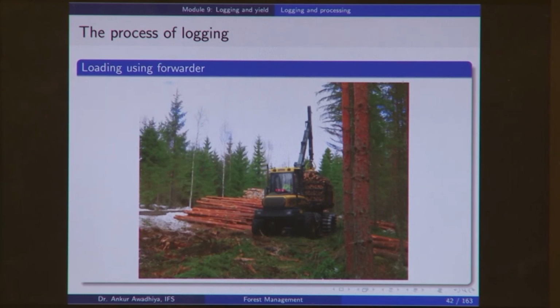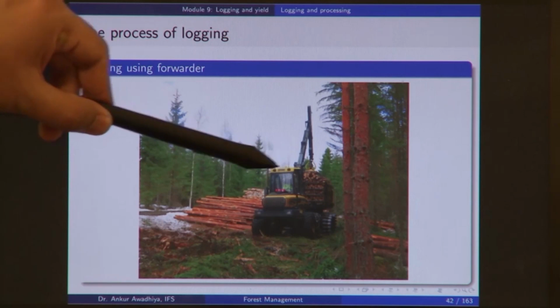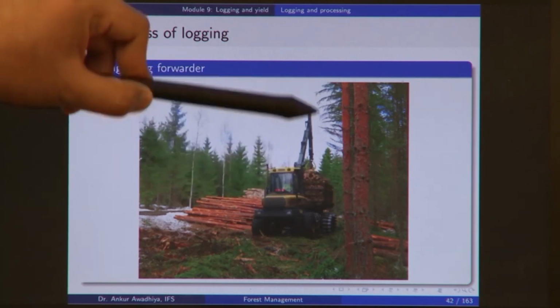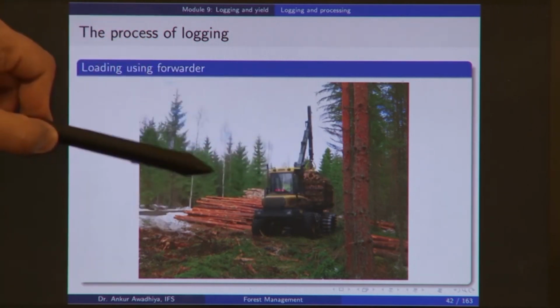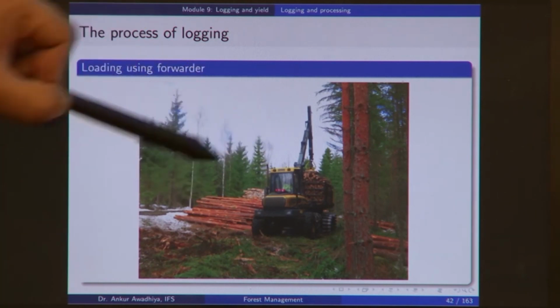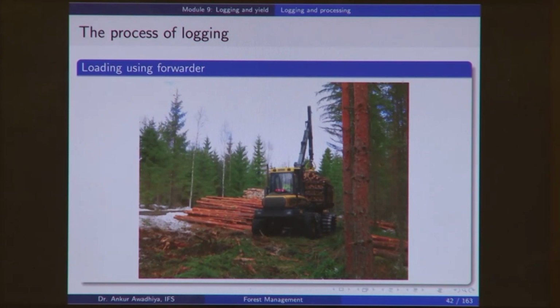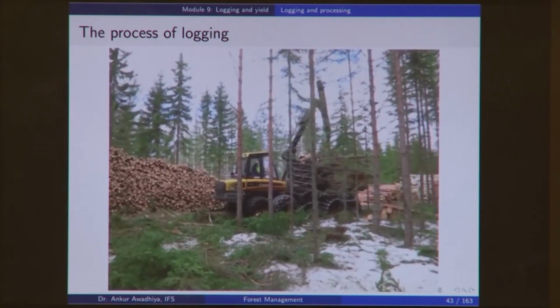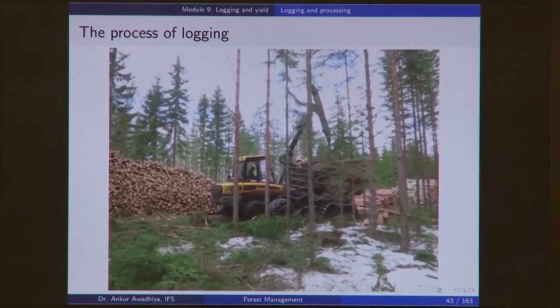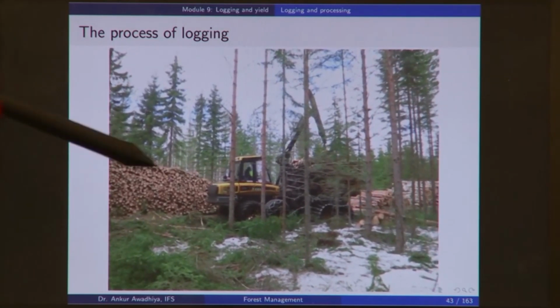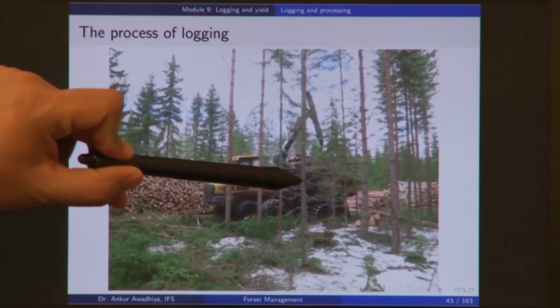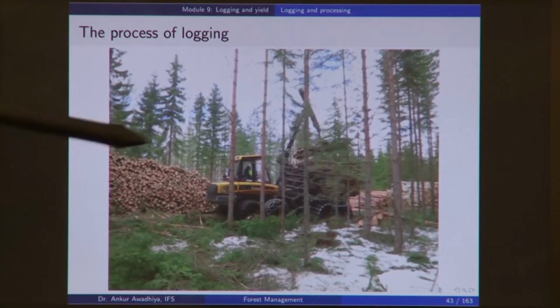It can also be done using a forwarder. Now, a forwarder is a machine in which you have a truck combined with a crane. In this case, this is a landing site, and this forwarder is taking these logs and putting them on itself. This is how a forwarder works. Now, in this case, this forwarder is taking the logs to the depot.